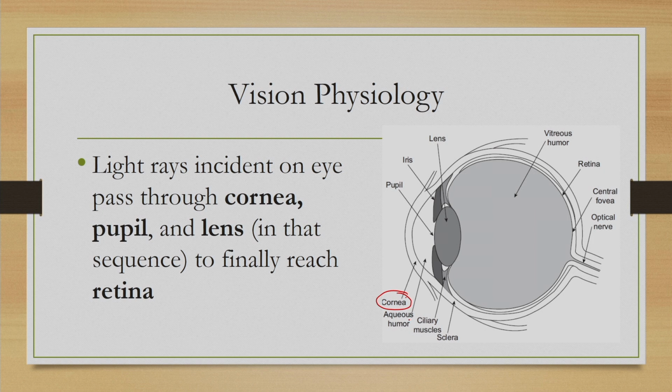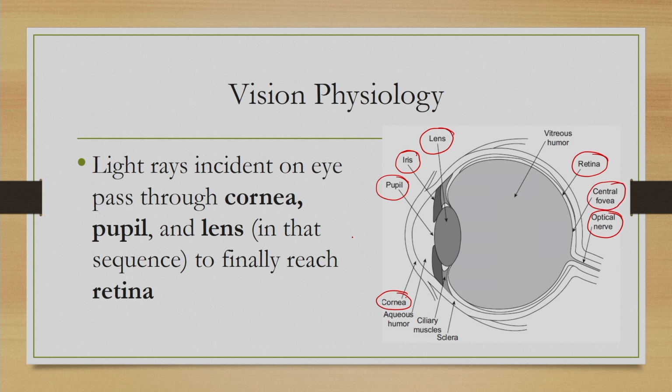There are other components, then we have pupil, iris, lens, retina, optical nerve and central fovea.